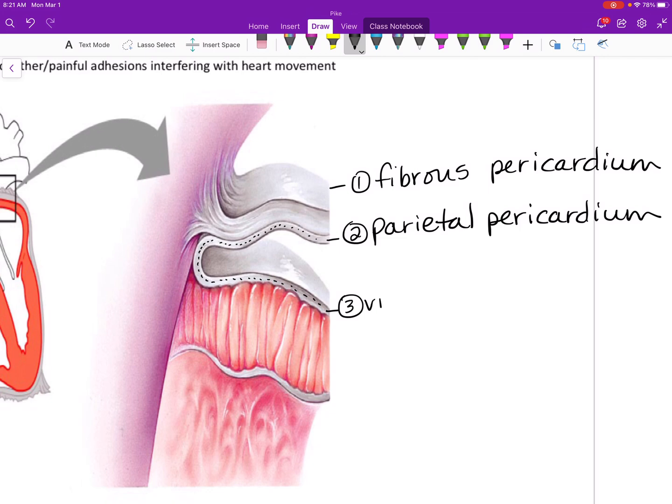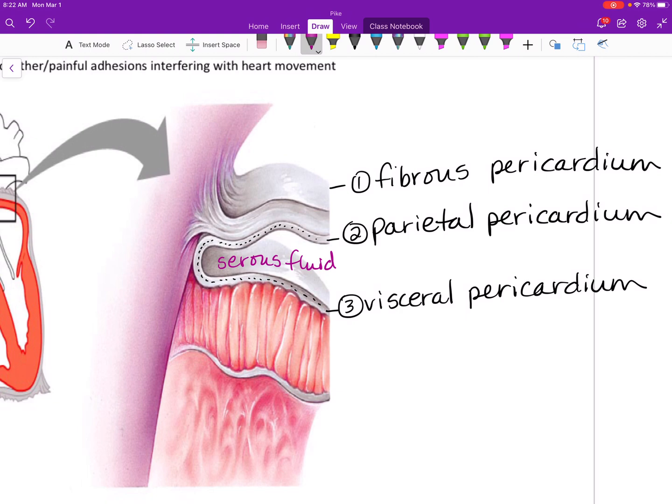And then the innermost layer is the visceral pericardium, because it's actually touching the heart. But always know that that's really one layer, it's just folded over. Okay? And then we know that in between those two layers, you're going to find serous fluid. Okay? And now, those are the 3 layers of the coverings around the heart.